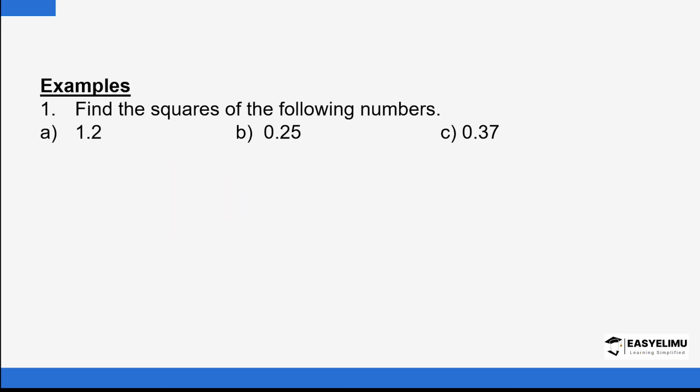Again, we have 0.25 squared. So again, you write this as a fraction with the denominator as a power of 10. So this is going to be 25 over 100. This is something that we have looked at before, how to write decimals as fractions, or converting decimals to fractions.